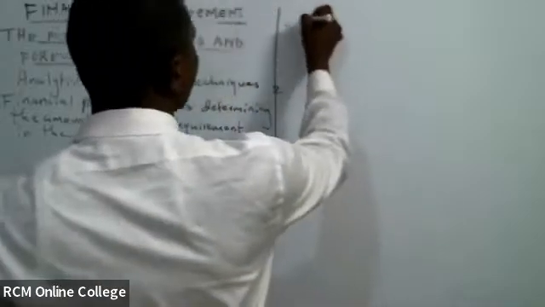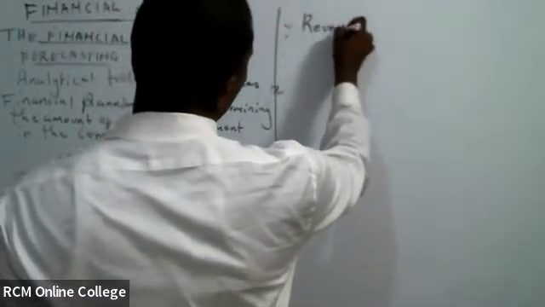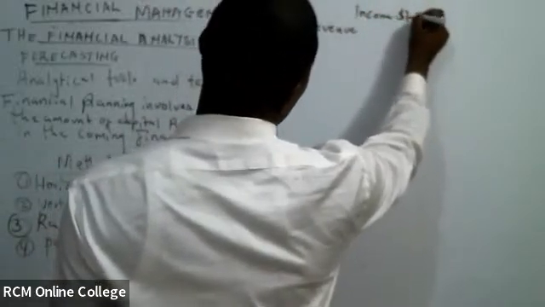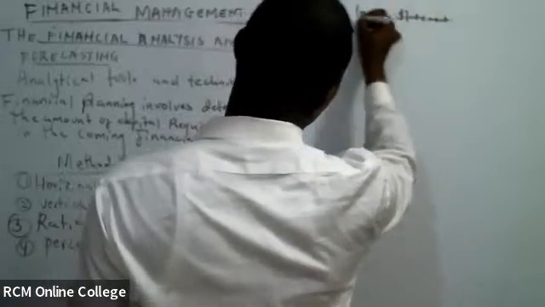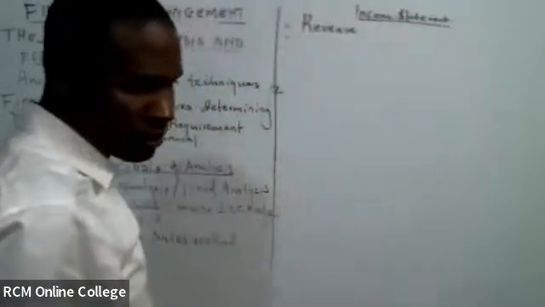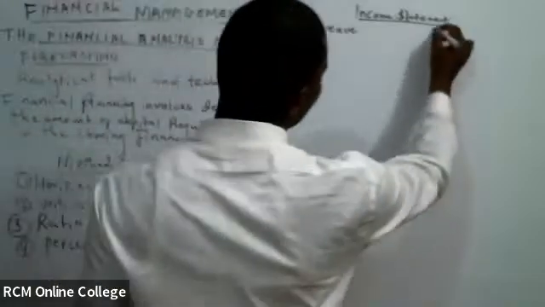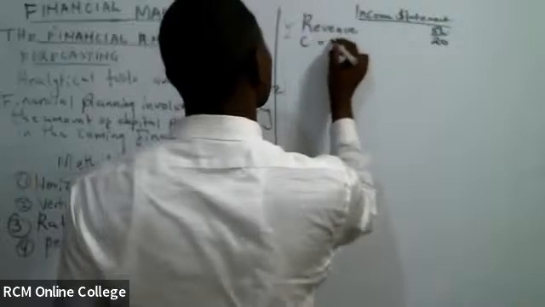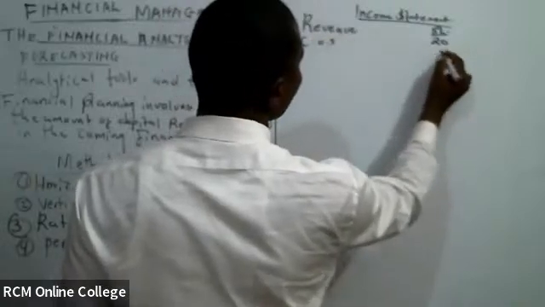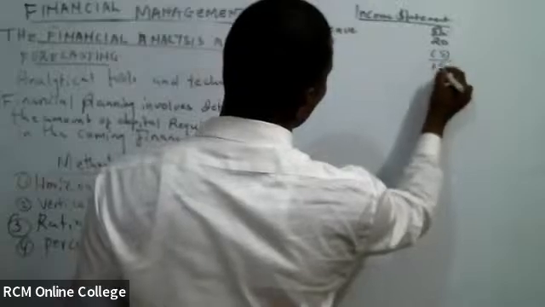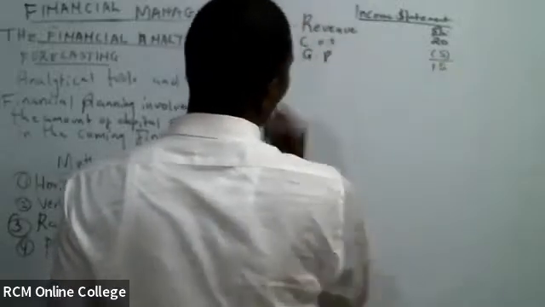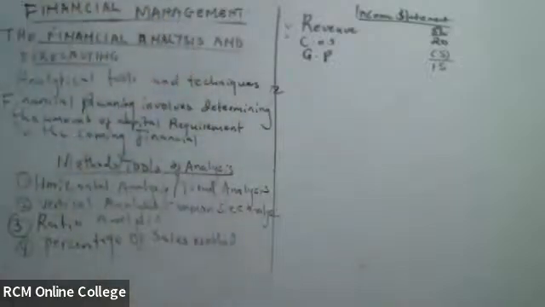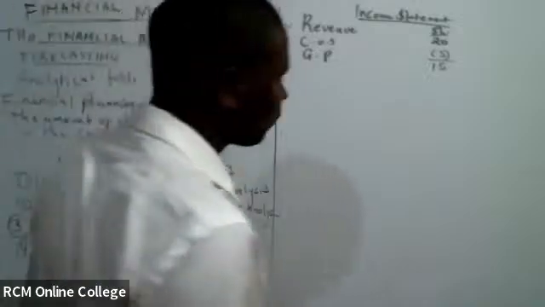So if I have my income statement, this is my income statement. I have revenue here of 20. I have cost of sale of 5. And that will give me a gross profit of 15.